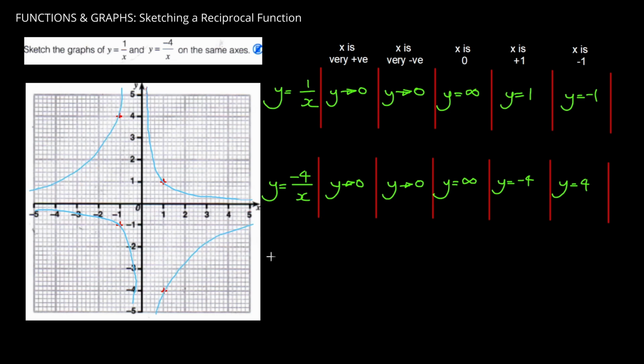But as I was saying, because these two curves were hugely linked, we're doing a transformation from the original. We're multiplying it by -1, which will flip the whole curve. Where it was positive, it becomes negative. So this section will come down here, and this section will go up here. And we're stretching it by a factor of 4. So this original point that was 1, 1 now becomes 1, negative 4.